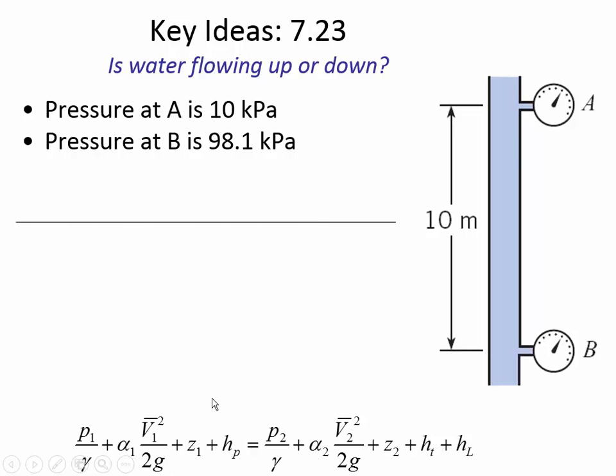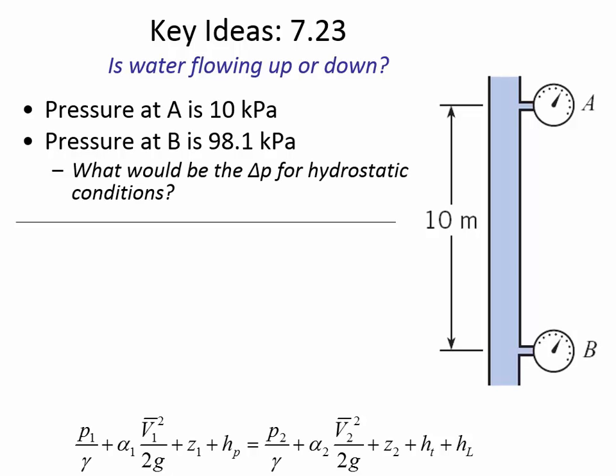Now here is the energy equation. What you're supposed to do is apply the energy equation, and so water flowing up or down. The way to test that is what is location 1 and what is location 2. If the conditions were hydrostatic, so if the water wasn't flowing at all, then you could just use delta P is delta H times gamma.